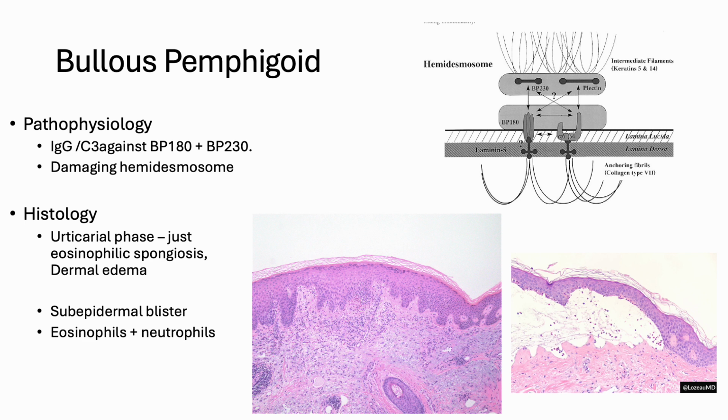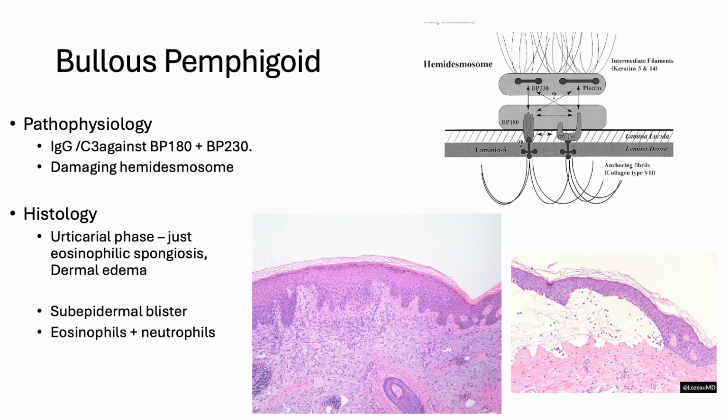Because of the damage to the hemidesmosome, there is a tendency to separate between the epidermis and the dermis. Before the separation really starts, we will have the urticarial phase, just like we said, where the skin can just look erythematous and urticarial. At that phase, if you perform a biopsy, you may see no separation, but only eosinophil infiltrate and some papillary dermal edema.